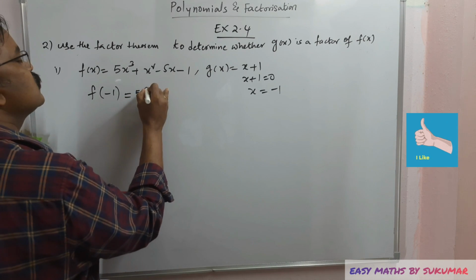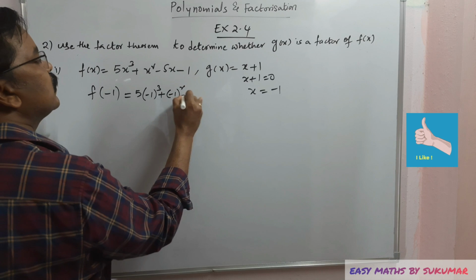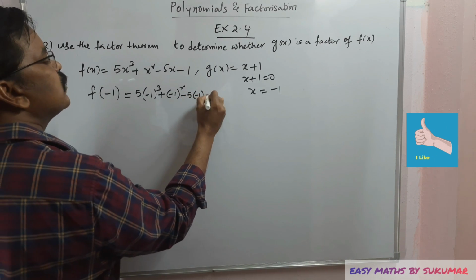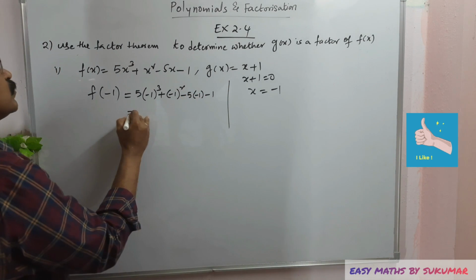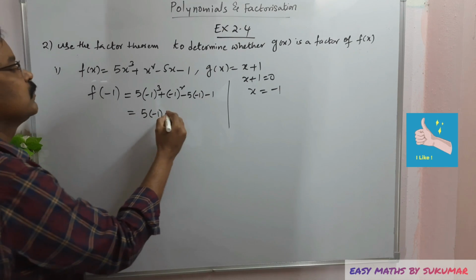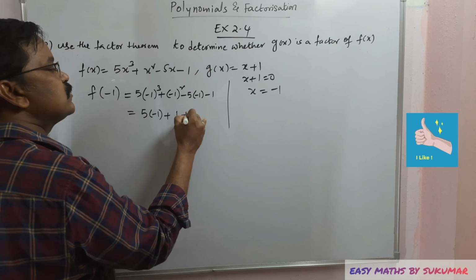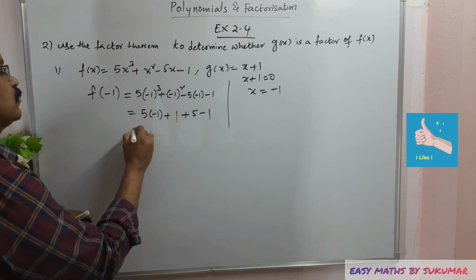So 5 times minus 1 whole cube plus minus 1 whole square minus 5 times minus 1 minus 1. 5 times minus 1 whole cube is minus 5, plus minus 1 whole square is plus 1, minus 5 into minus 1 is plus 5, minus 1.